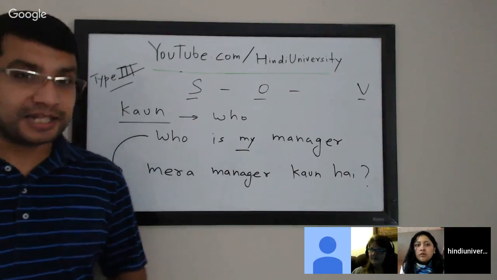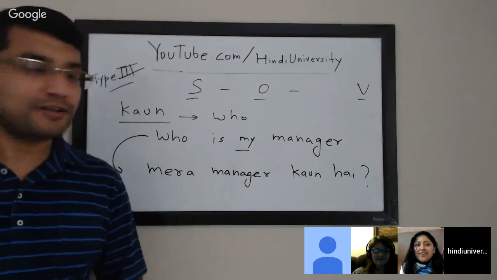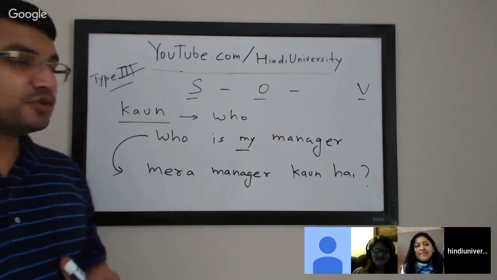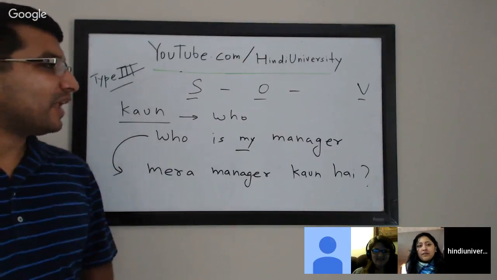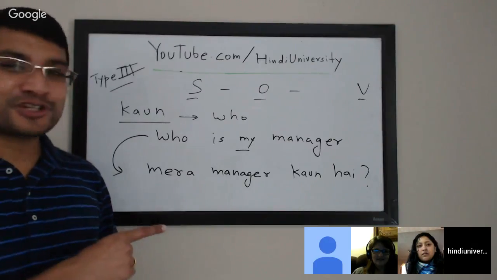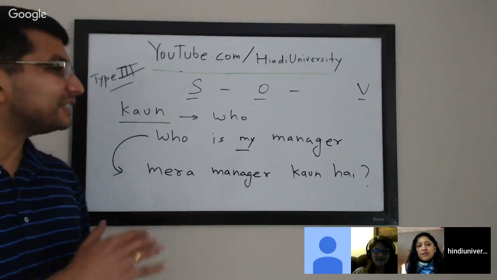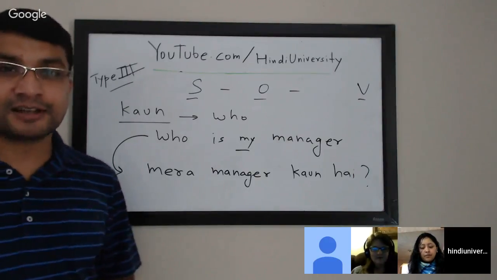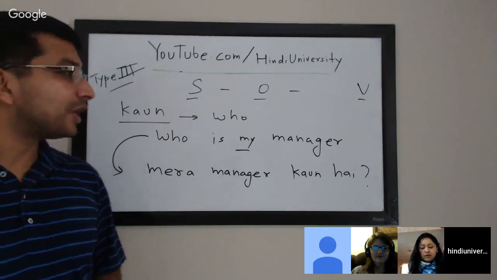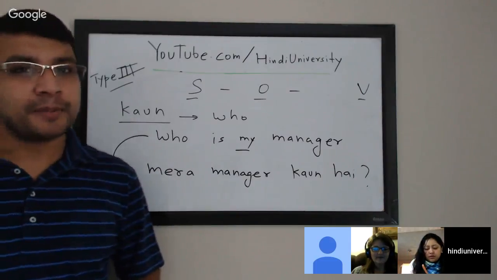It's getting interesting. We're not done yet. There are 4 or 5 more types, which will require one more full class. I want you to stay with me and finish it, because this is an important topic. By the end of this class and next class, I'm very confident that you won't have any difficulty using mera, meri, and mere.